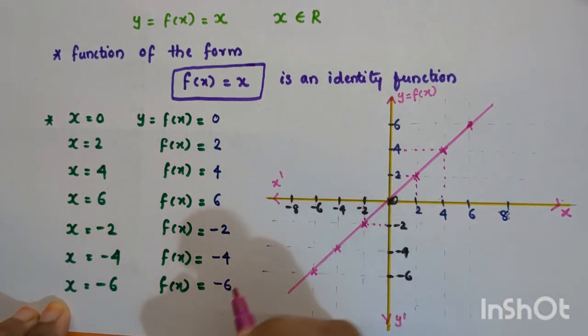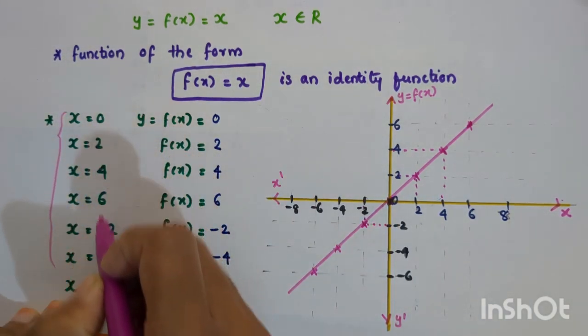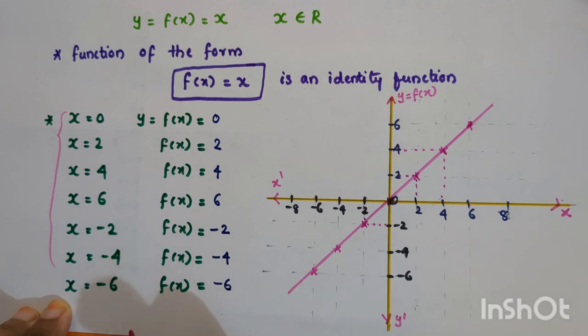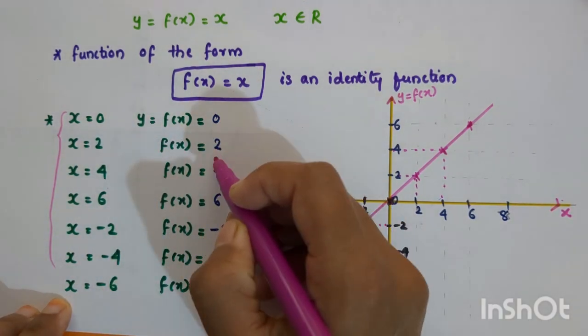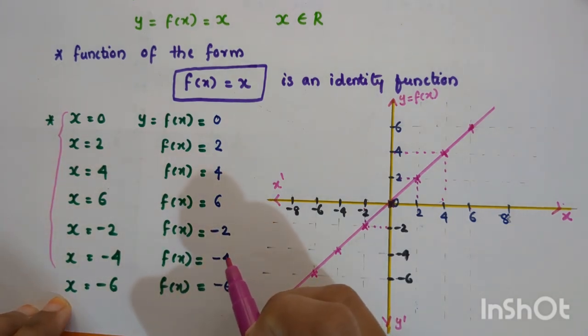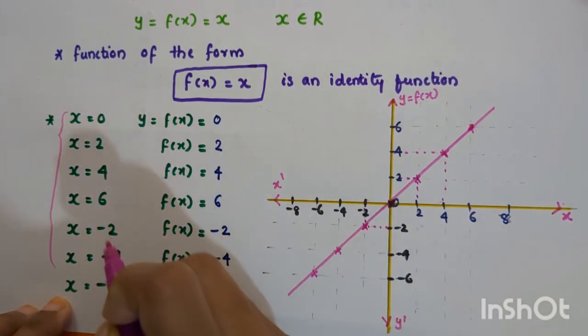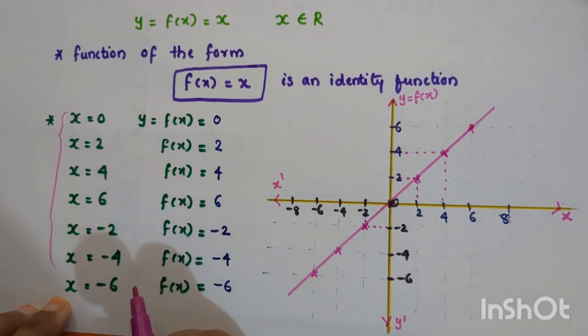What do you mean by domain? Domain means x values. So you see x values are 0, 2, 4, 6, etc., minus 2, minus 4, etc. What about the range? Range means y values or f(x) values: 0, 2, 4, 6, minus 2, minus 4, minus 6 and so on. So for an identity function, both the domain and range, that is x values and y values, are real numbers.